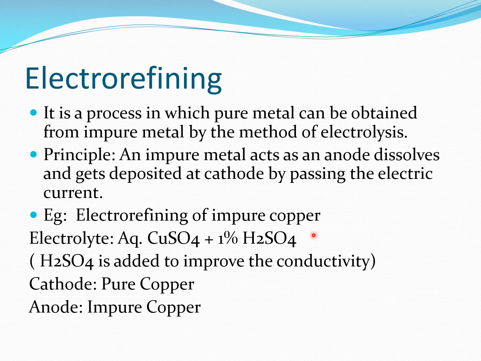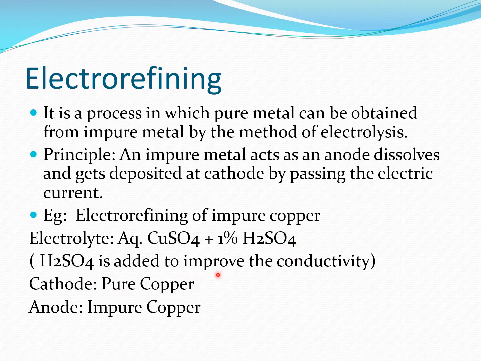Copper is purified by the process called electrorefining because it is the process to obtain the pure metal from the impure metal by making use of electrolysis process. The electrolyte that is used in electrorefining of impure copper is the aqueous solution of copper sulfate, that is 10% copper sulfate, which is acidified with 1% sulfuric acid.